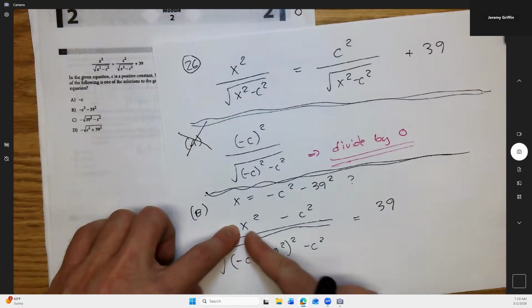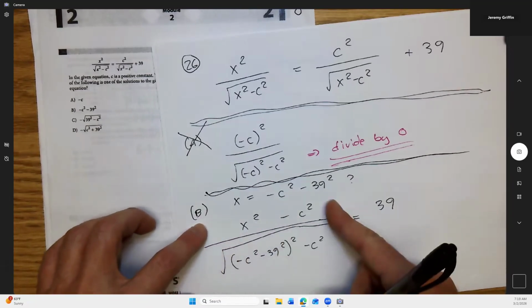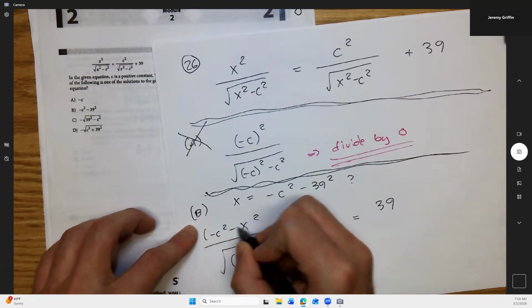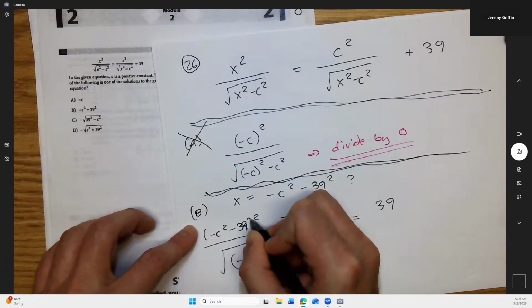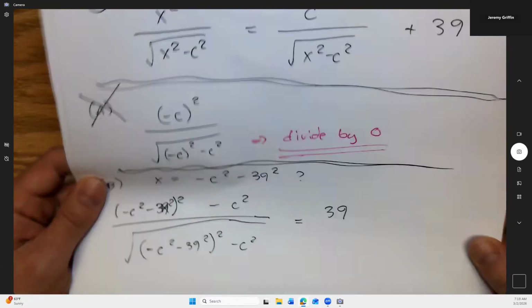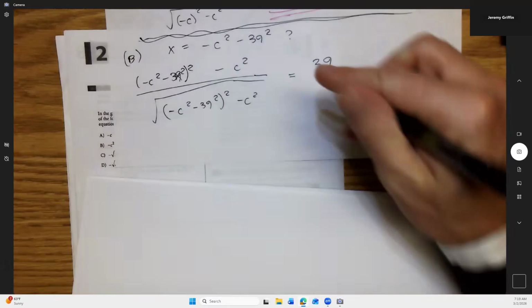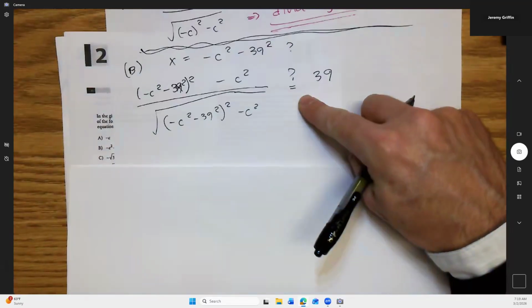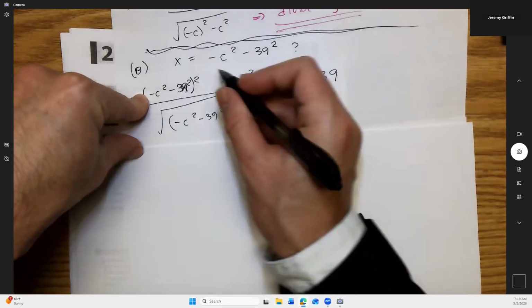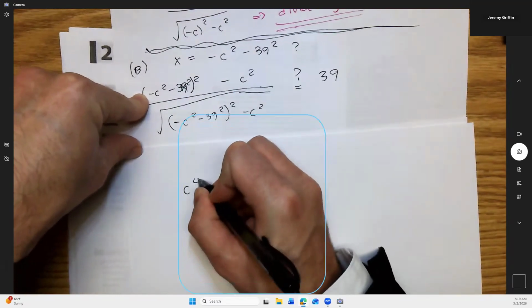Oops, I forgot to replace this x with this expression. Negative c squared minus 39 squared, and then that whole thing squared. This might take a while to play out, but let's see. Negative c squared being squared is positive c to the 4.